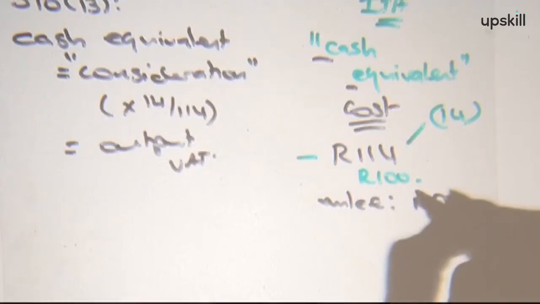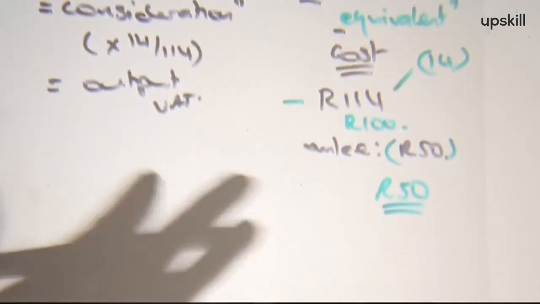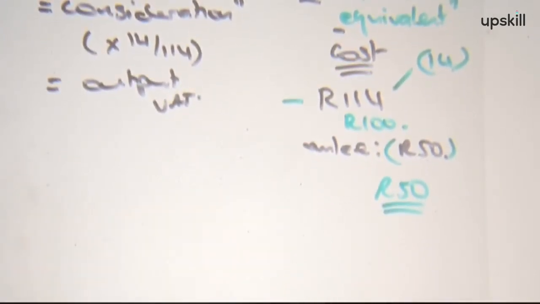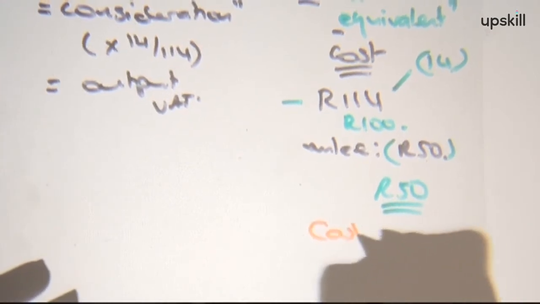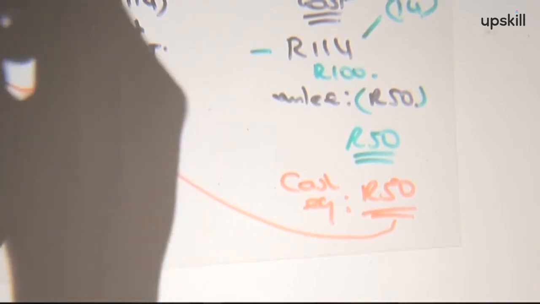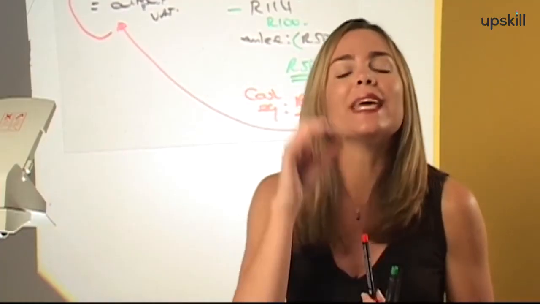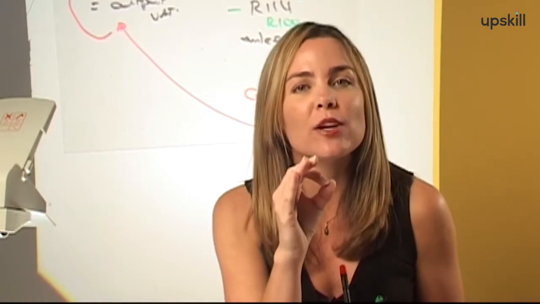We reduce that by any amount the employee has paid the employer for that asset, and what's left is what's known as the cash equivalent. So the cash equivalent is the remaining 50 Rand. Now be careful, because that cash equivalent becomes consideration for the output VAT calculation.